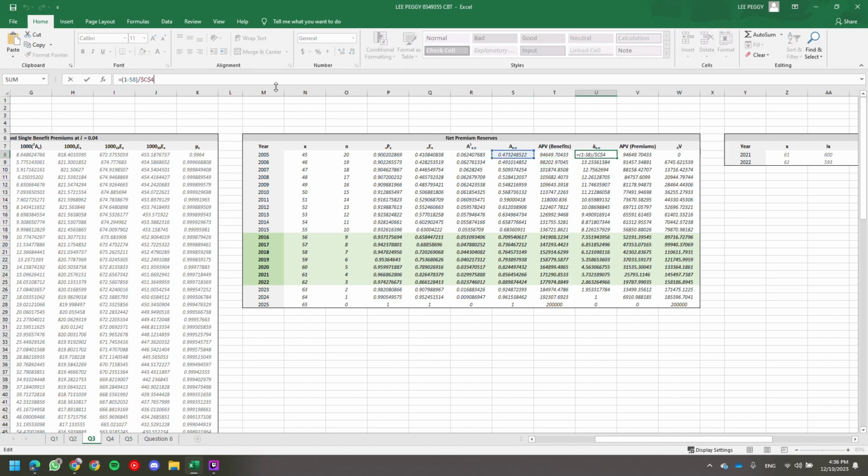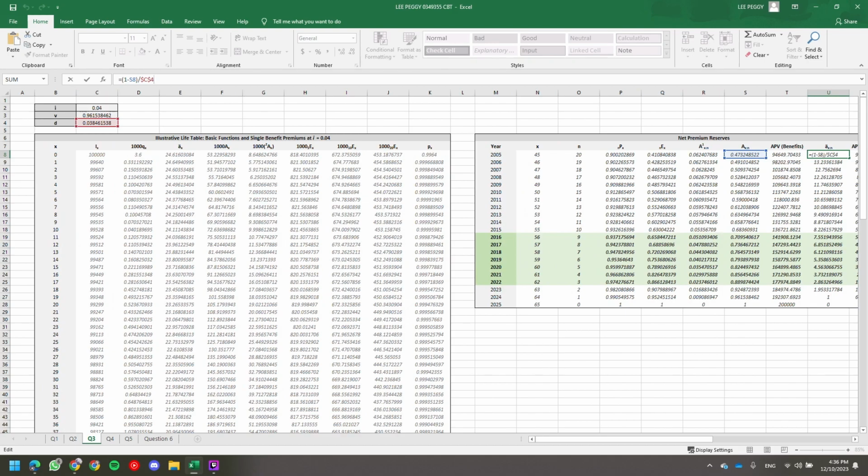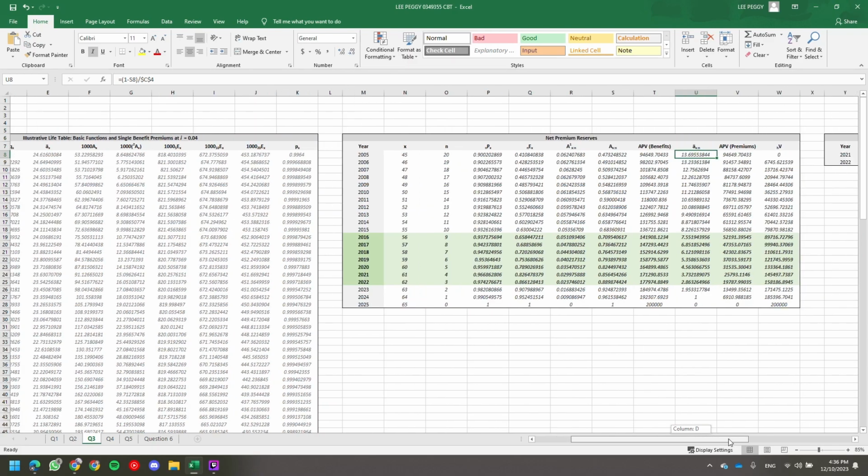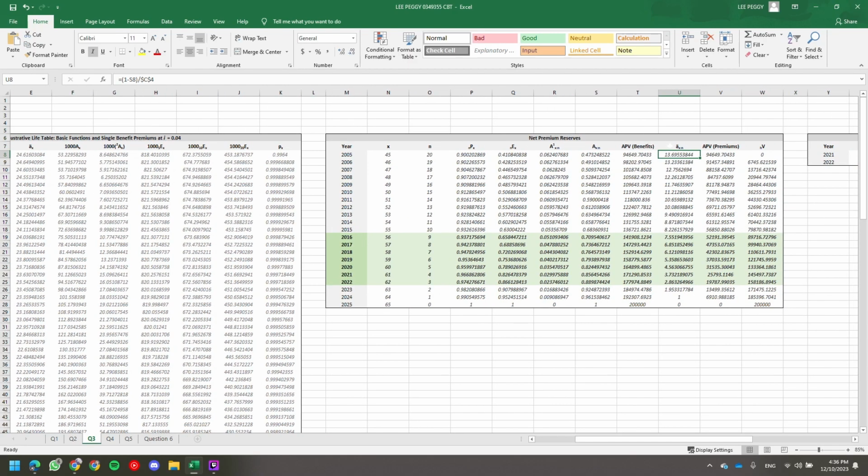The double-dot A_XN is 1 minus capital A_XN divided by d, where we showed this formula when we calculated the illustrative life table in the first question.